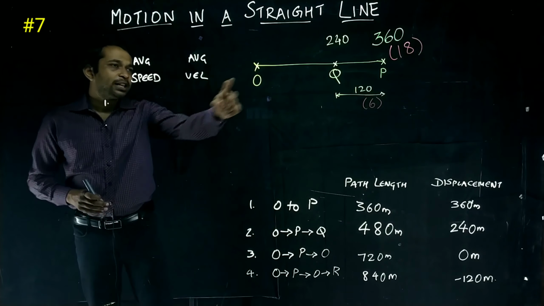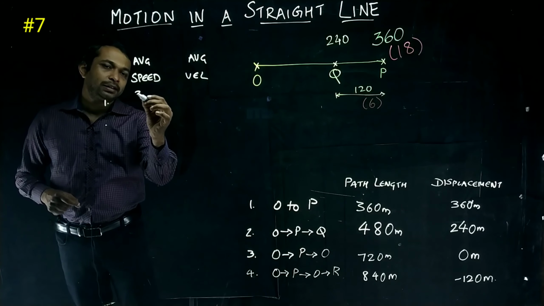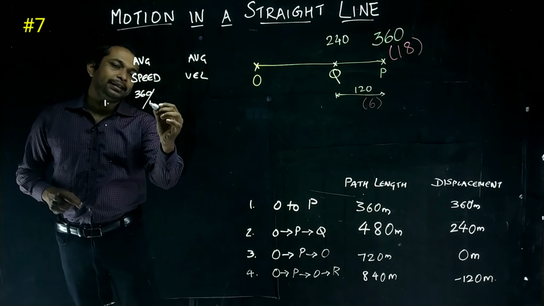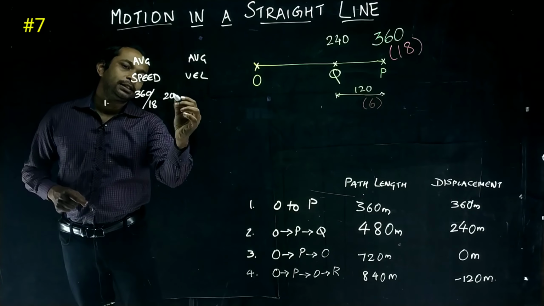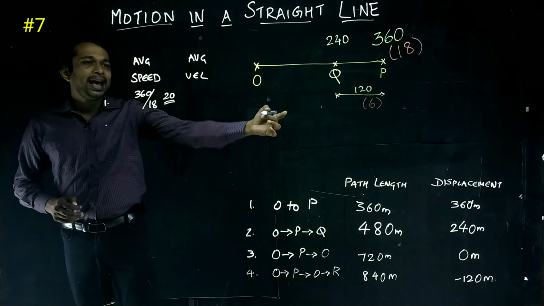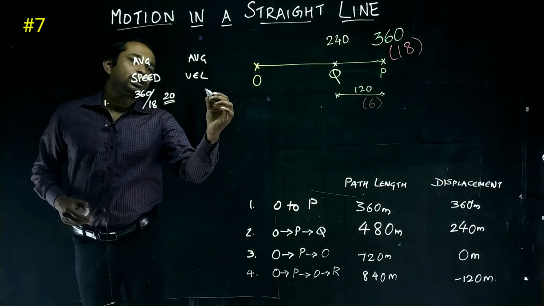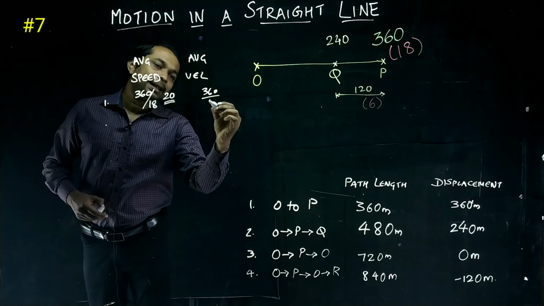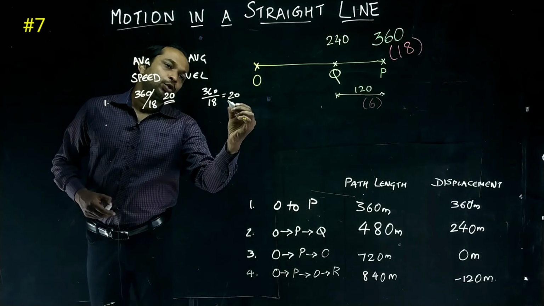Average speed in the first case from O to P, it has traveled a distance of 360 meters in 18 seconds, which means this is 20. Okay, now here the average velocity is also 360 divided by 18, which is 20.